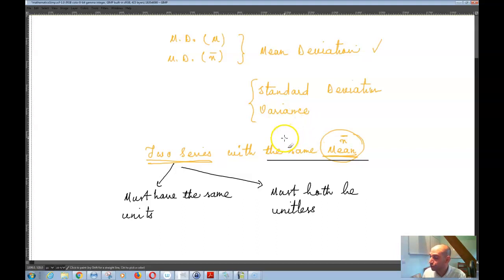Whenever we want to compare the variability of two series with the same mean, which are measured in different units, we do not merely calculate the measures of dispersion, but we require such measures which are independent of the units.